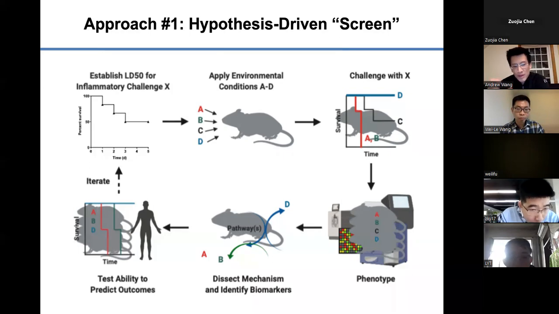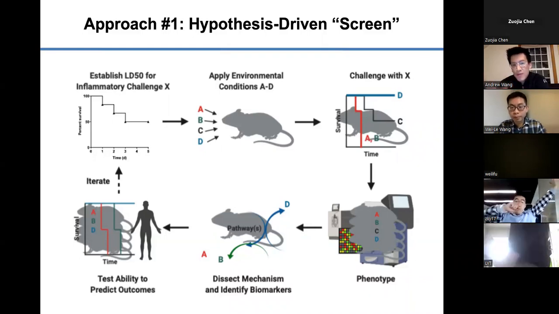For example, those of you who work with mice know that in the cages, there's always an alpha male, and they'll beat up on a smaller mouse. So the level of stress amongst them is different. And they don't all huddle in the same groups.